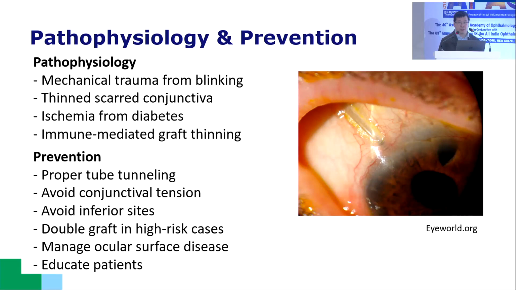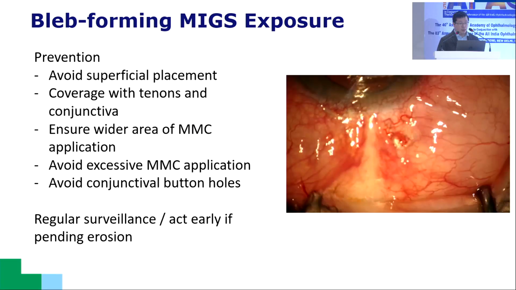manage ocular surface disease, and regularly educate patients to look for symptoms. In terms of bleb-forming MIGs, some of the risk factors for developing erosion in, say, Xen and PreserFlo include superficial placement of these devices and insufficient coverage with Tenon's and conjunctiva.